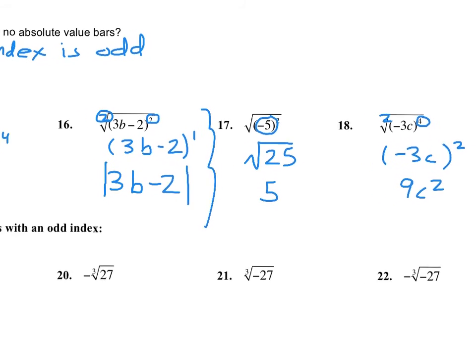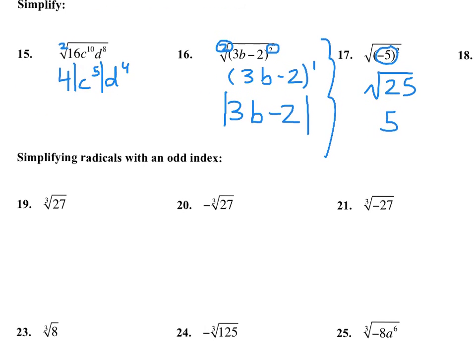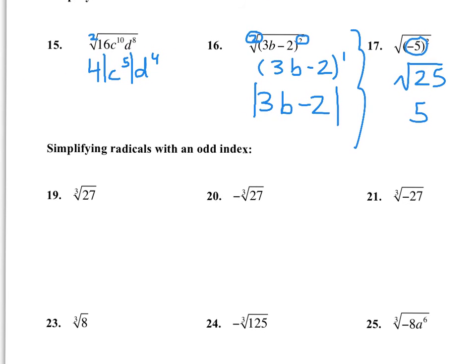Okay, so now we're on the problems with an odd index. So the cube root of 27 is 3, and if you don't see that right away, make a tree diagram. So if you break down 27, you get 3 to the third power.